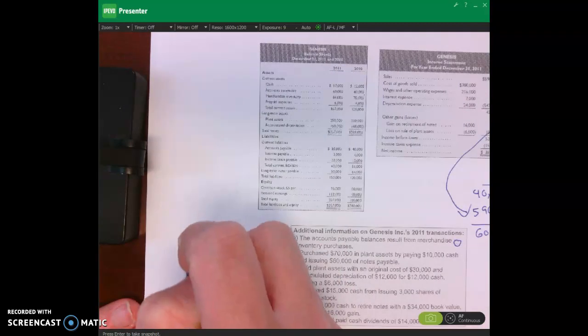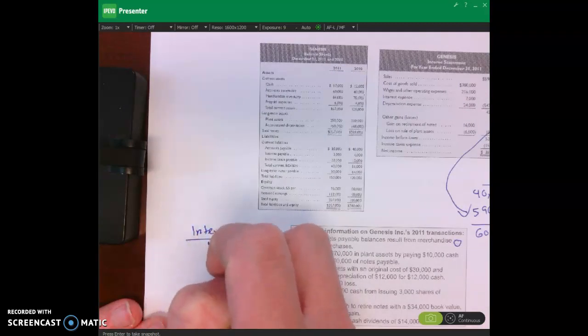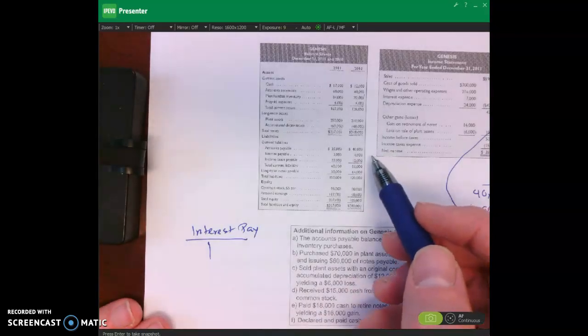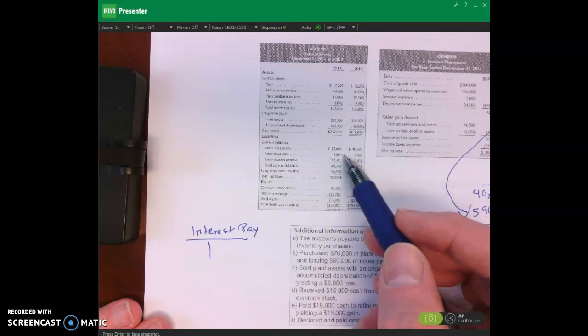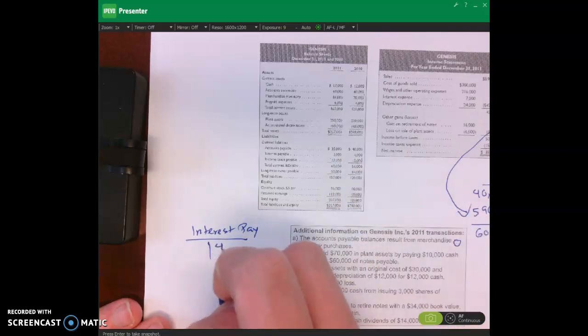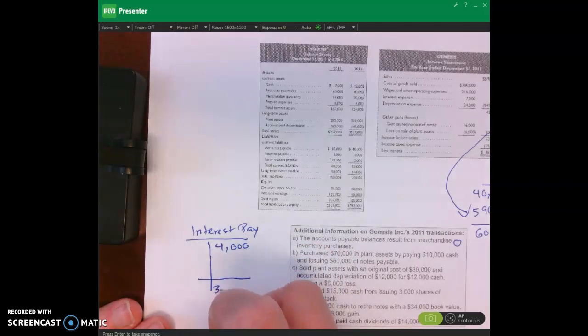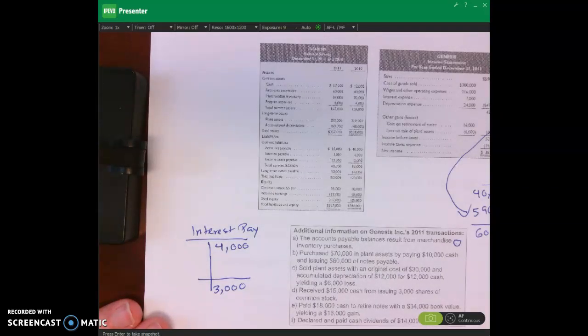So we have an interest payable T account. Interest payable is a liability. I've got this $4,000 beginning, and then $3,000 ending, so I'm going to put that on the credit side. Now, let's flash back to Accounting 101, where we think about the journal entry to accrue interest expense.